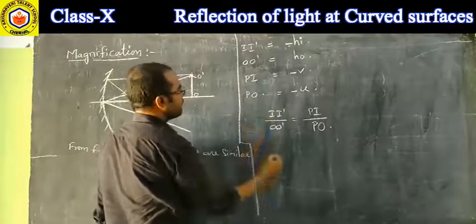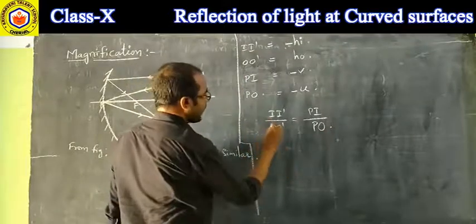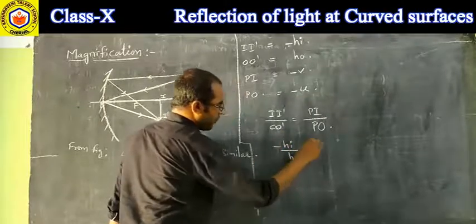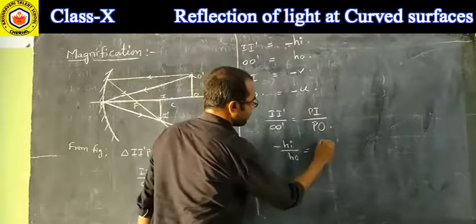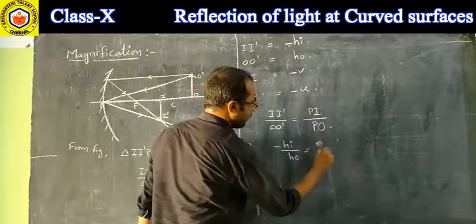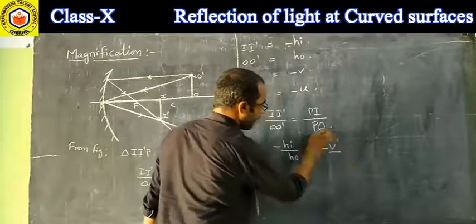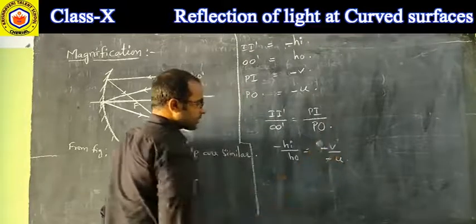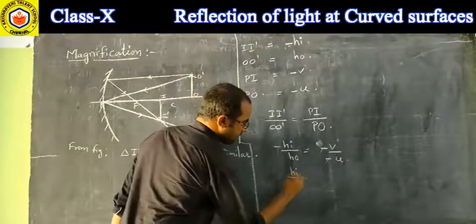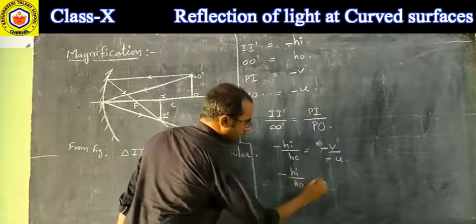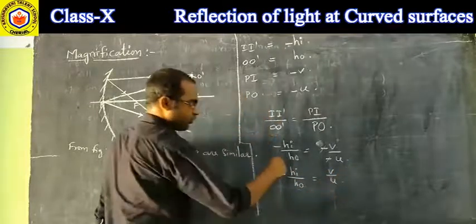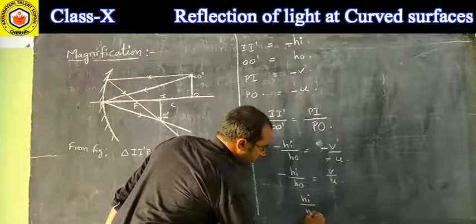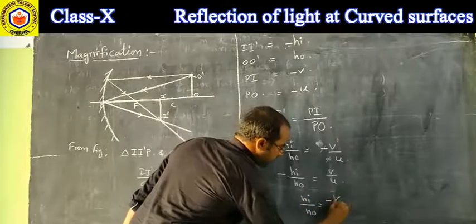Substituting, minus Hi by Ho equals the image distance minus V by the object distance minus U. We can cancel the minus and minus, and we have minus Hi by Ho equals V by U. If we multiply both sides with a minus sign, we will get Hi by Ho equals minus V by U.